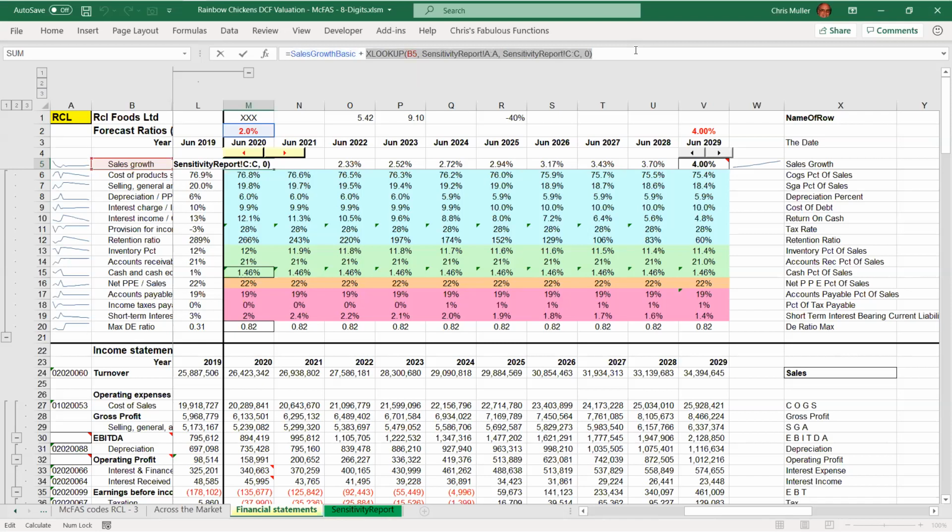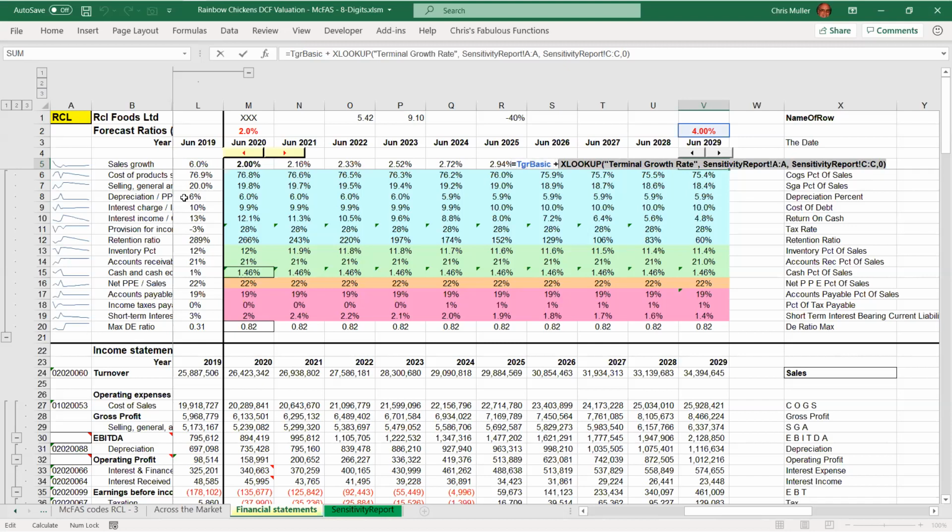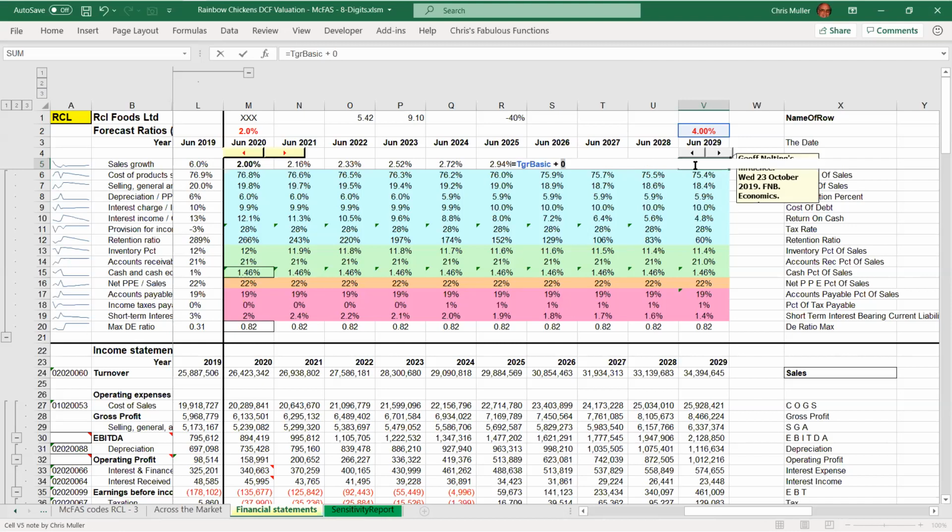It just equals the cell above the 2%, but in my sensitivity, I'm going to be adding in a sensitivity piece for sales growth. And the same goes for my terminal growth basic. Here, it is just the cell in V2 above, the value 4%. But I'm adding in a terminal growth rate sensitivity for later. You'll see if I press F9, that just comes to a 0. So it's not working for now.